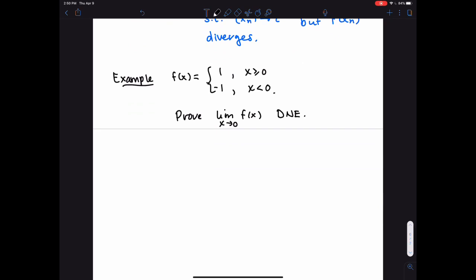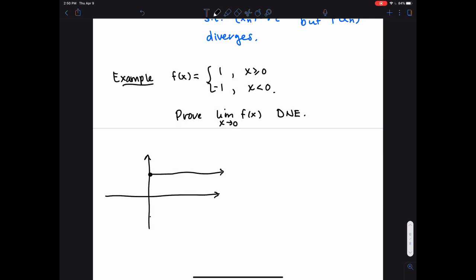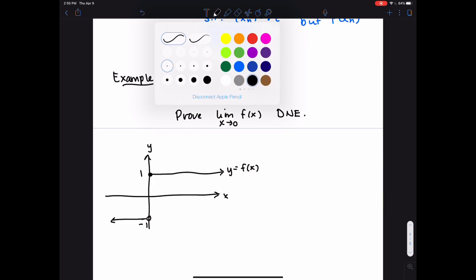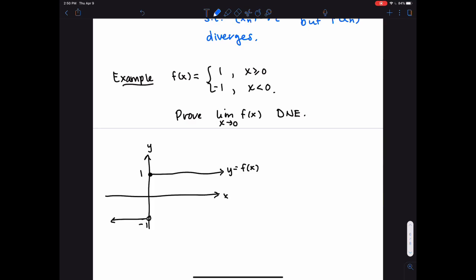So I'm going to draw our picture. Here we have our function. What we need to do is find two different sequences that converge to different locations in terms of their outputs. Both as inputs are going to converge towards 0, but if I look at their outputs, I'm hoping that they go to different spots.